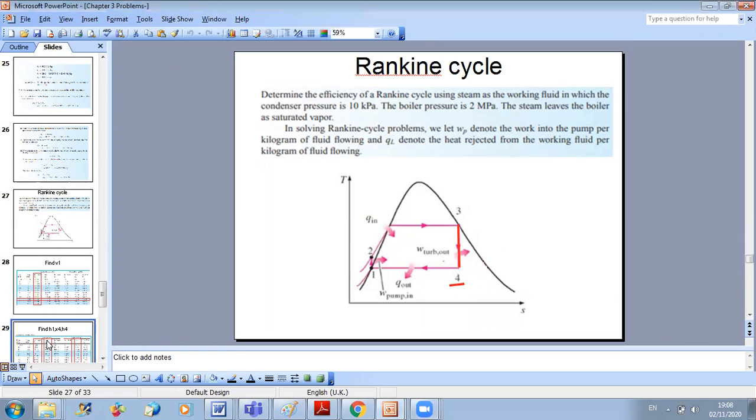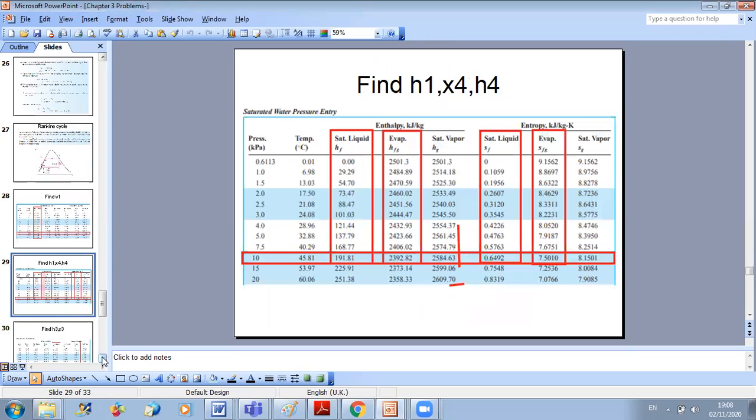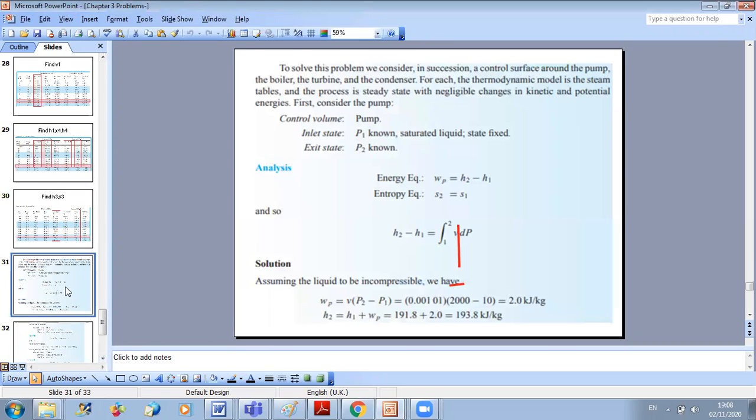So now, second step. Let us do our calculation step by step. First we take the control volume of the pump, and since it's a liquid, we will use the formula that W pump is H2 minus H1. Now, here they are considering the absolute value of WP.